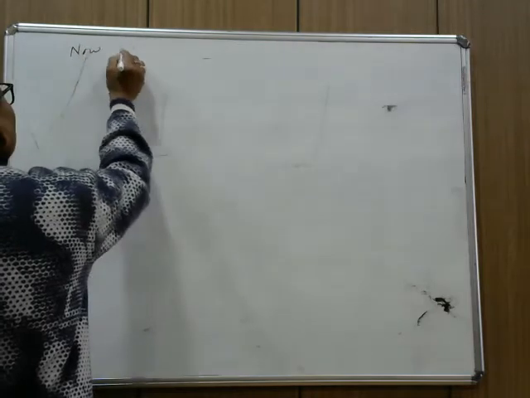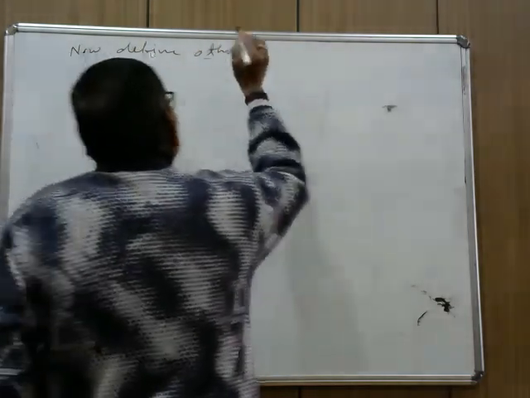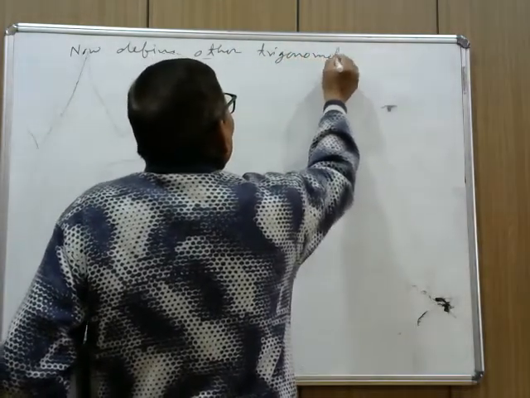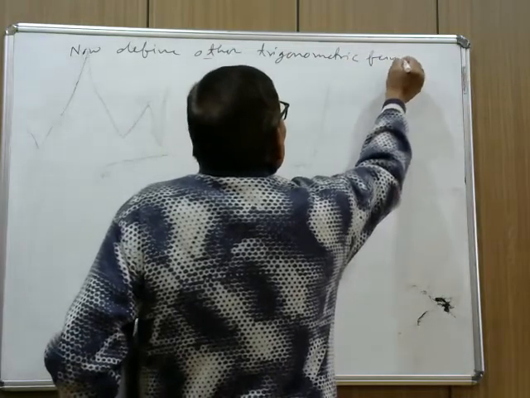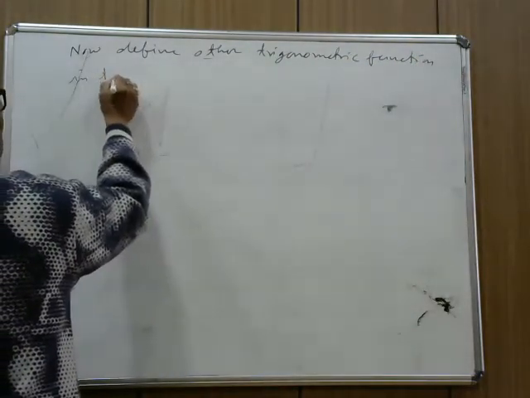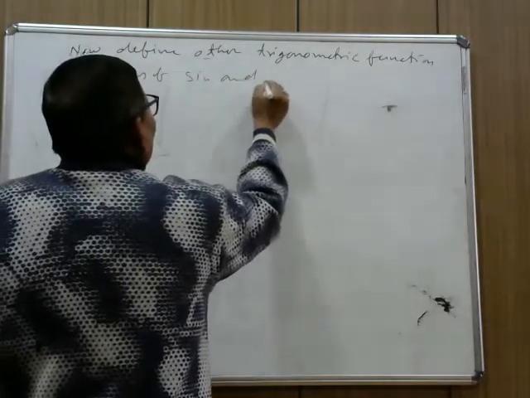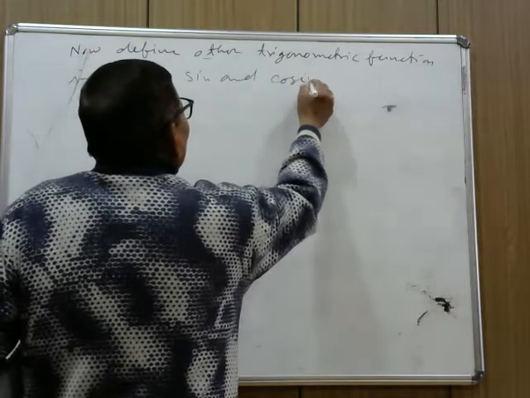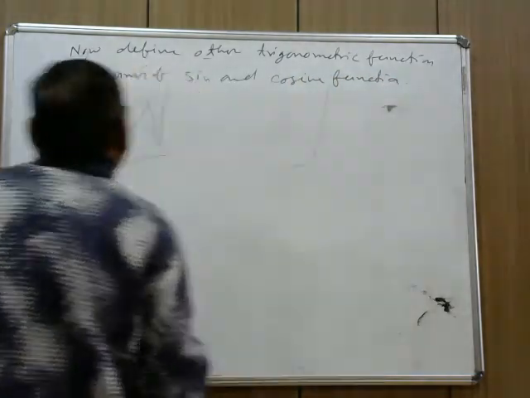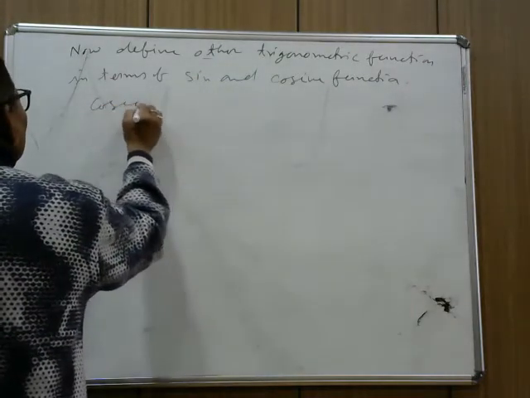Now define other trigonometric functions in terms of sine and cosine functions. So now you see, first of all, I am taking cosec x.